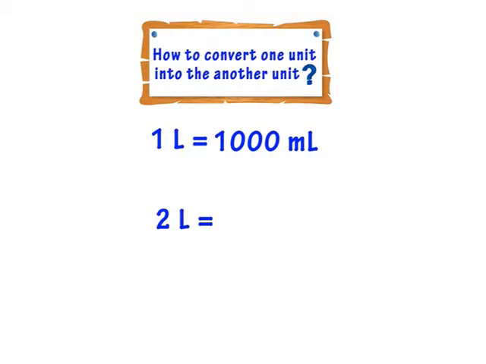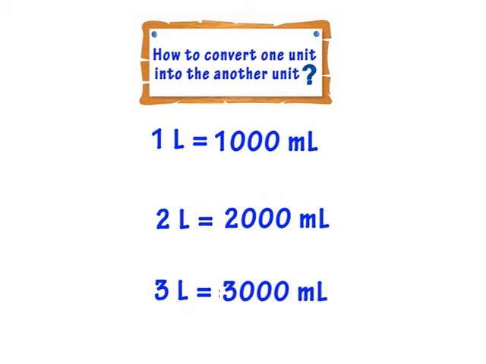It is 2 and I will put the 3 zeros of the thousand. It will be 2000 milliliters. If I have 3 liters, how many milliliters do I have? Yes, 3 liters equal 3000 milliliters.